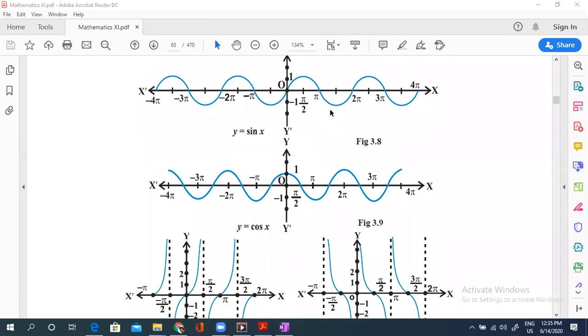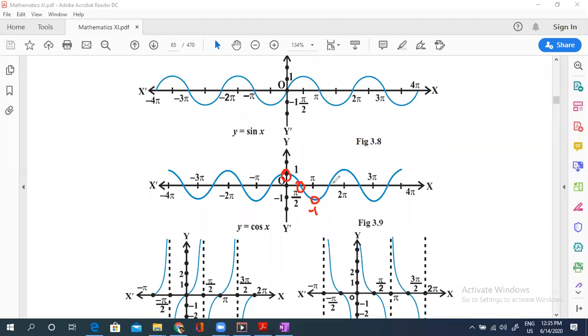Now see the graph of cos x. Right? Cos 0 is 1. See, it is 1. At pi by 2 it is 0. At pi it is -1. See, from 1 to -1, it is decreasing, right?